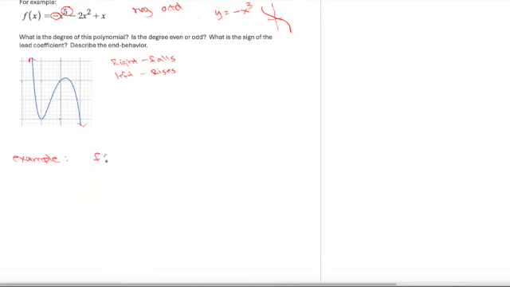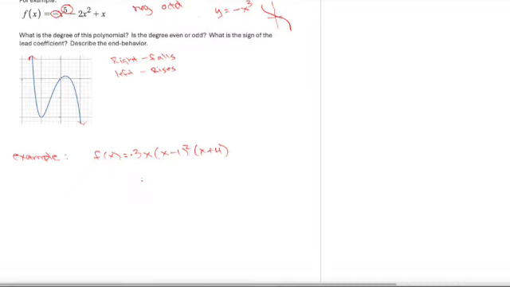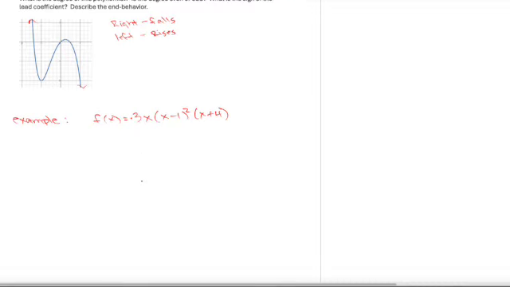So let's take f of x is equal to, how about negative 3x times (x minus 1) squared times (x plus 4). And let's think about some of these things. Okay, so first, let's find the zeros and their multiplicity.